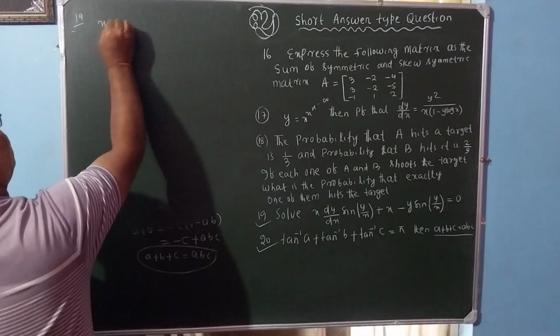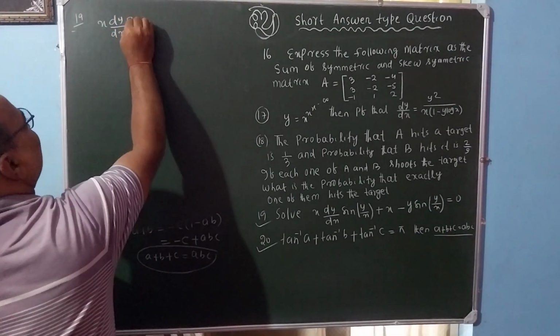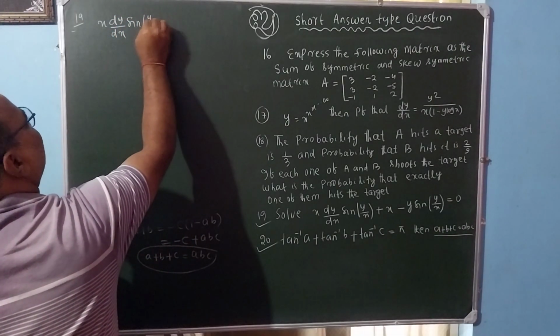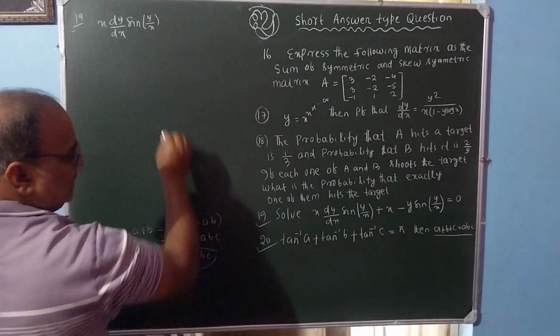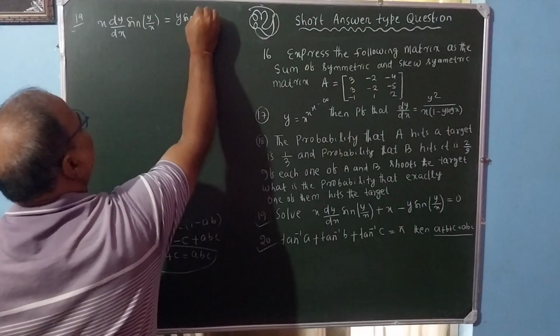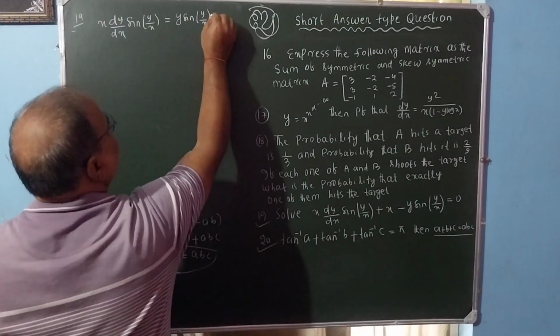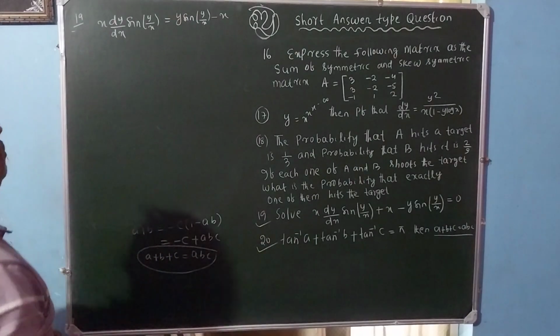x into sin y by x into dy by dx is equal to y sin y by x minus x, that will go to that side.